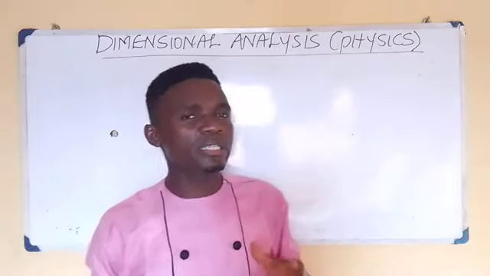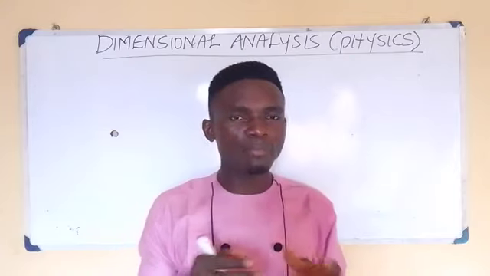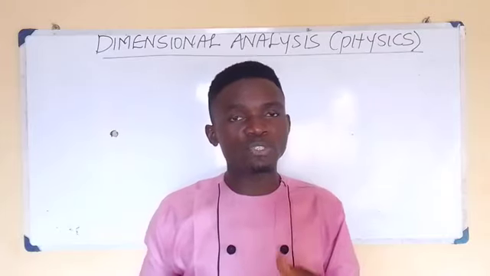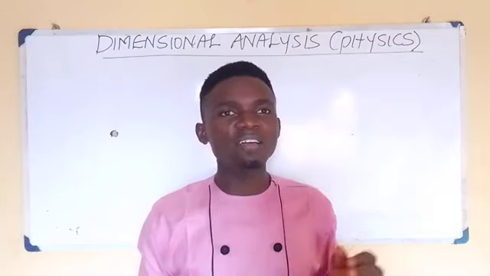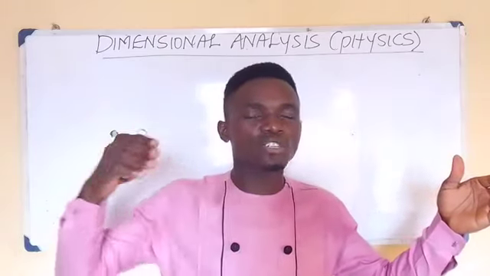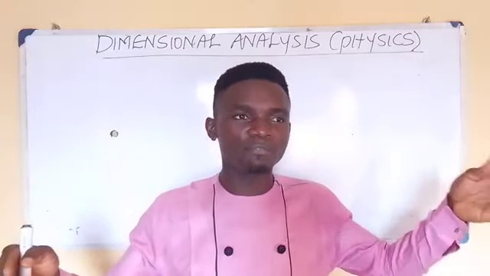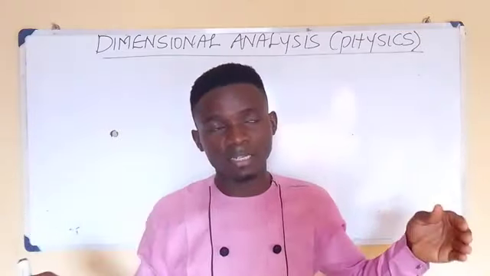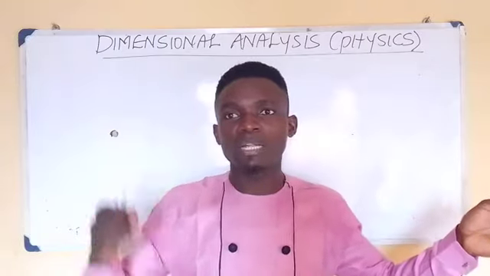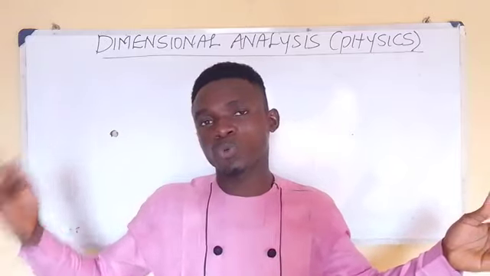One, in deducing the dimension of a particular quantity, that is, trying to know if it is correct or incorrect, whatever you have by the left you must have the same thing by the right. For example, if I'm having LT minus 1 by the left, it means that by the right, I will also have LT minus 1.